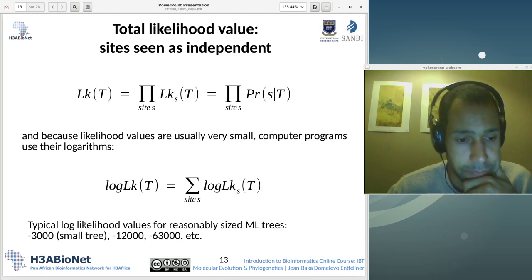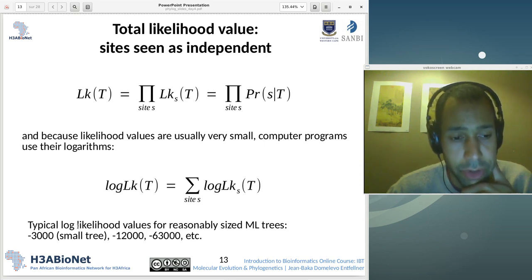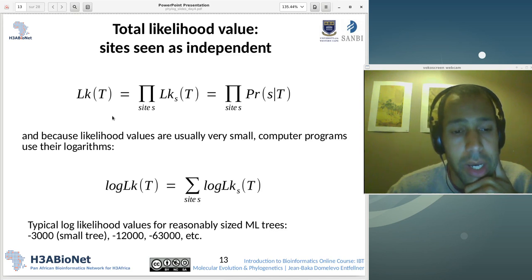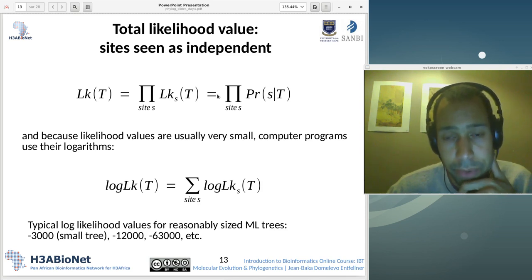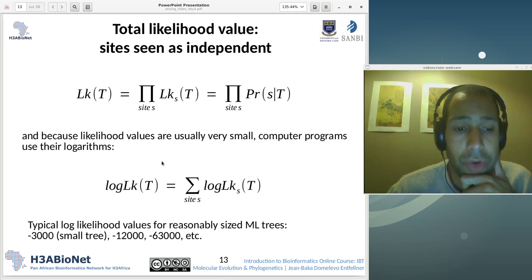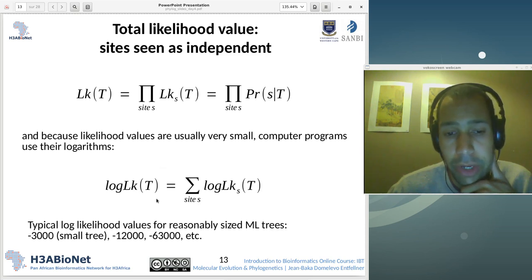So that's why. And don't be afraid of typical log likelihood values, because we said likelihood values are very close to zero, very small, but positive. They are products of probabilities. Log likelihoods are negative values with a large magnitude, large absolute value.